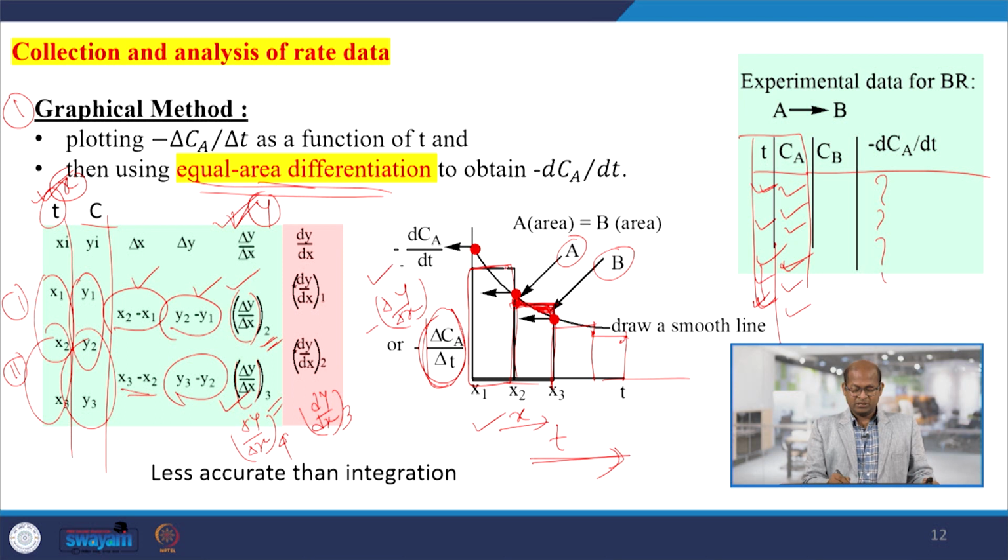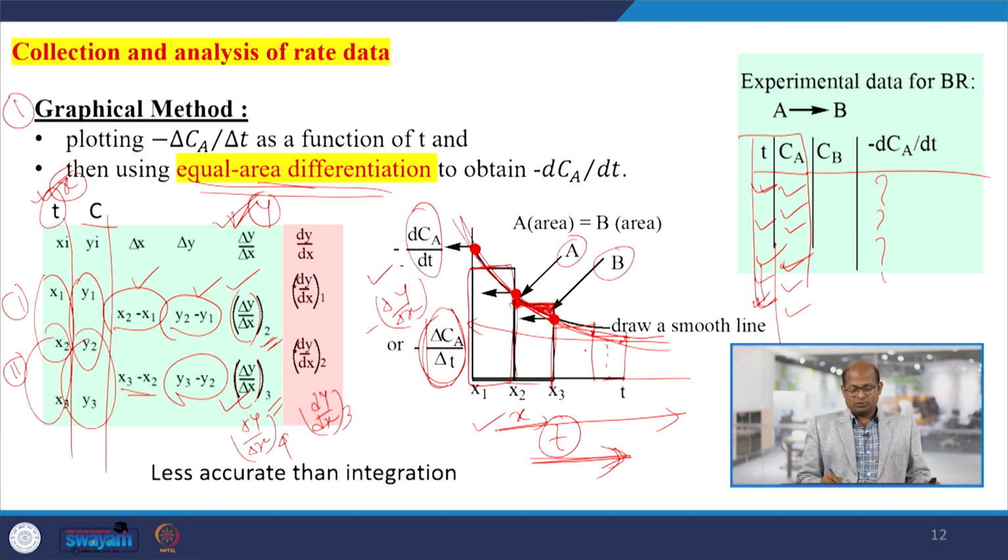These dotted points we get from this graph, and then we join all the dotted points to get a smooth line. The x axis is time and the y axis is the rate. If we want the value at a particular time, the corresponding data points from the line would be the minus dCA by dt points.